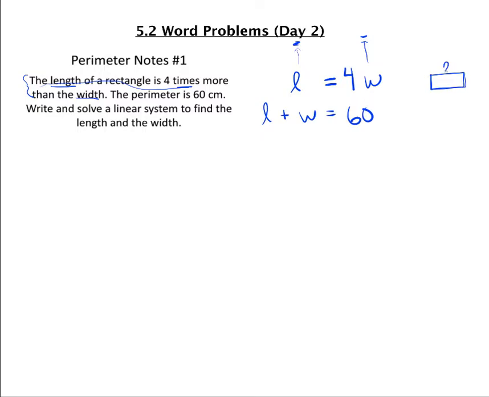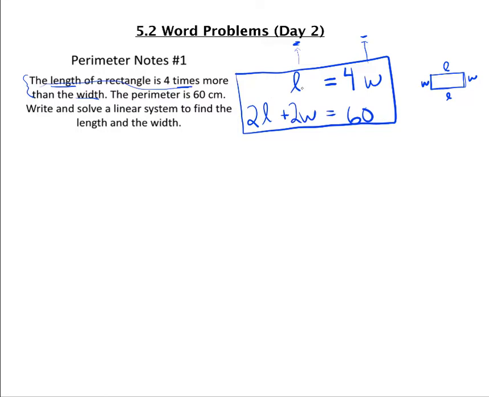So that would be L plus W plus L plus W. That would be 2L's and 2W's, so when I first wrote it, I was missing an L. So now I've got my two equations to solve my system.